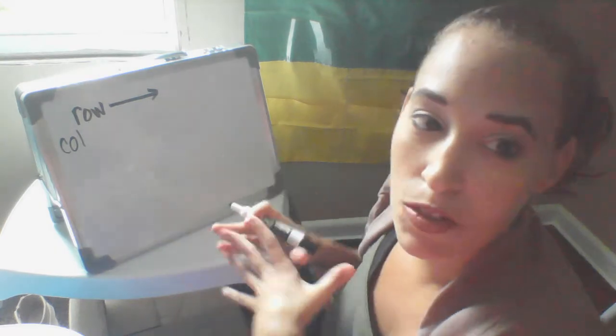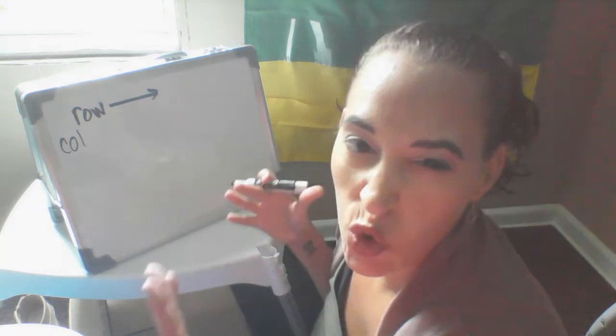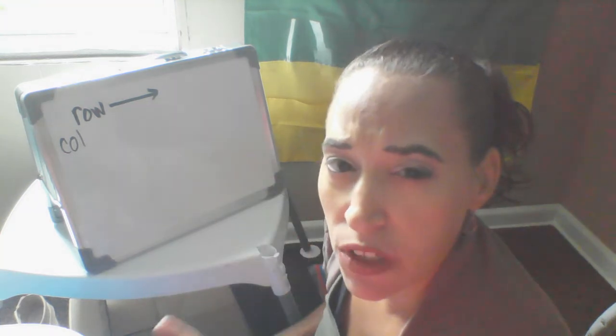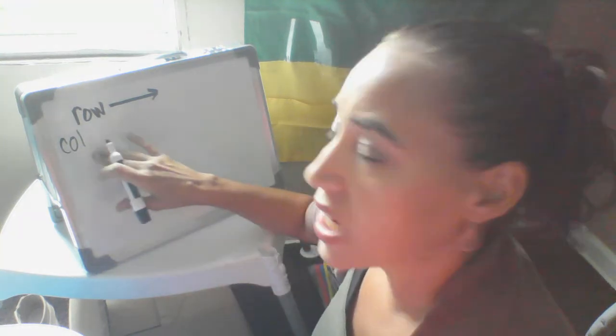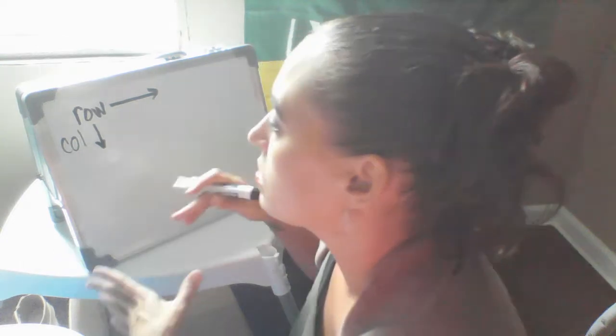This is Miss Fisher's classroom at home. I don't have a huge whiteboard, so you might see me abbreviate a lot of things to save some space. So we're going to say column, and that goes up and down. Okay, so rows go left to right, columns go up and down.